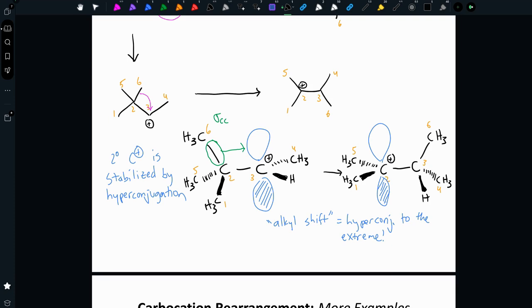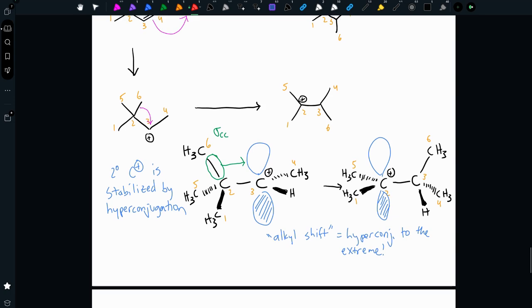Now, you might ask yourself, why would this happen? Well, notice now that the carbocation has moved from carbon 3 to carbon 2. It went from being a secondary carbocation to being a tertiary carbocation.